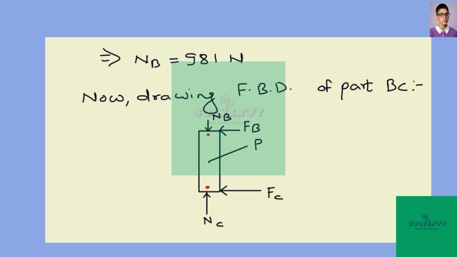Now we will write this distance as 1 meter and this as 0.75 meter, and we can also write 5, 3 and 4 as this is a triangle.